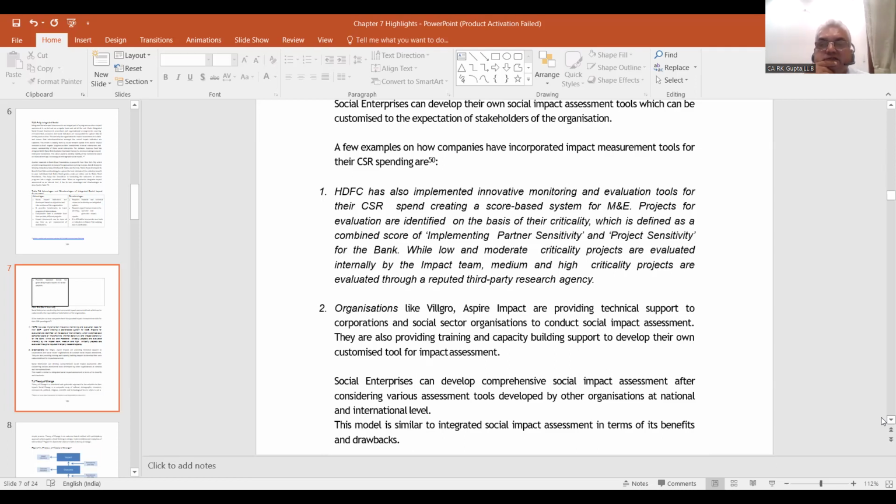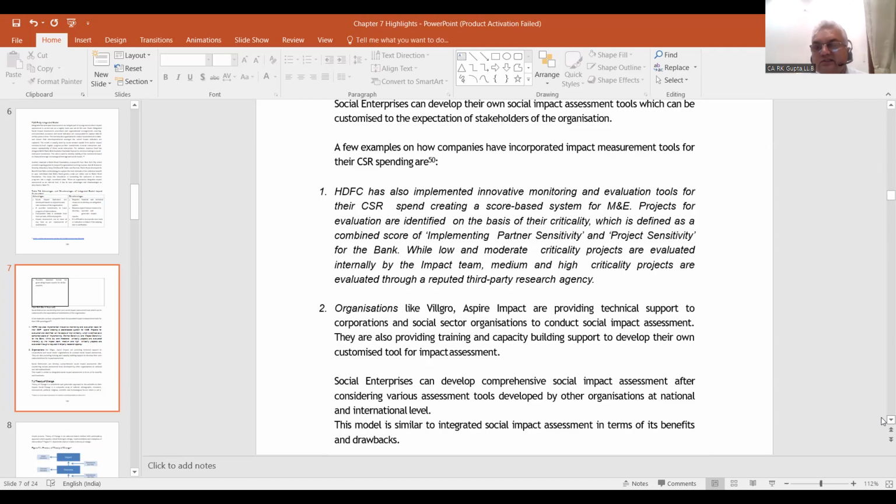Now, organizations like Willgrow, Aspire Impact, they are providing technical support to corporations and social sector organizations to conduct social impact assessment. They are also providing training and capacity building support to develop their own customized tool for impact assessment. So these are some of the organizations, they have incorporated impact measurement tools in-house.